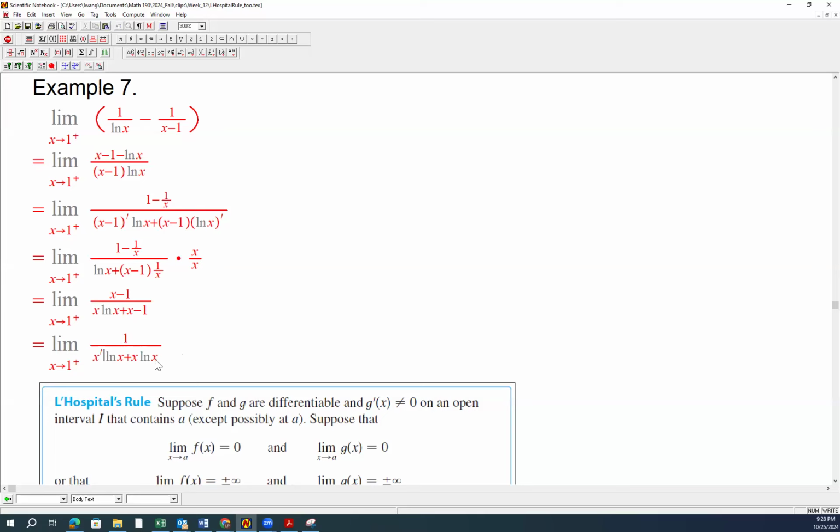So x prime, ln x prime, and then we're going to differentiate x minus 1, right? X minus 1 being differentiated is equal to 1. Applying product rule, the derivative of x is 1, and the derivative of ln x is 1 over x.